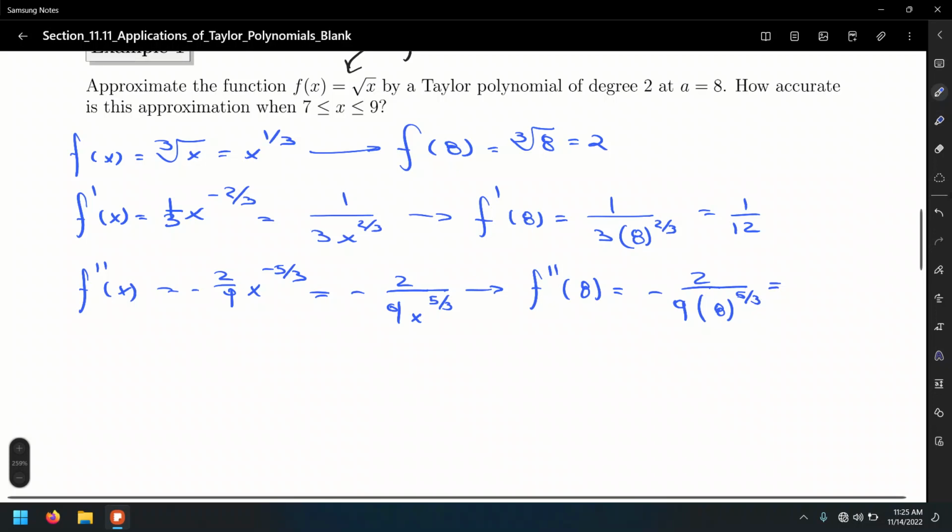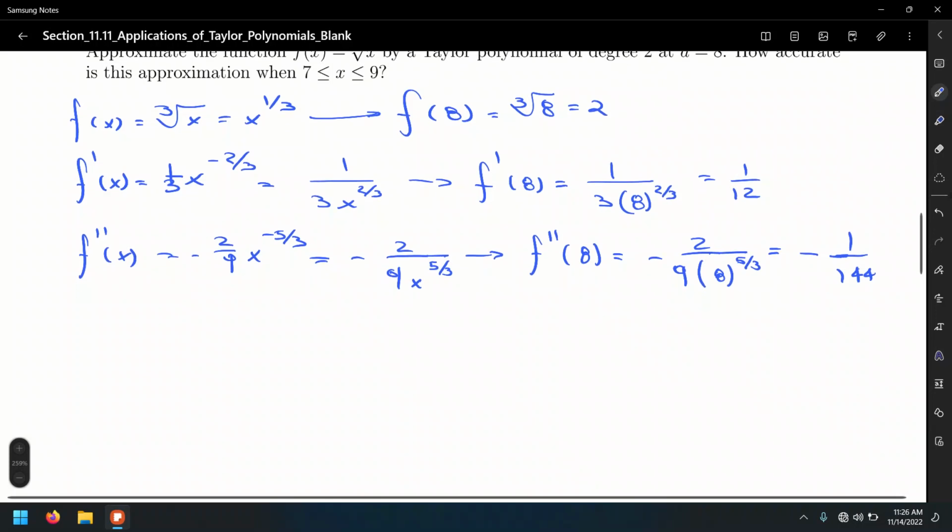That's a cube root. The cube root of 8 is 2. Raise that to the 5th power, that's 32. 32 times 9, that's a big number. Whatever, 2 over the big number reduces to 1 over 144. And these are going to be the three coefficients of the second degree Taylor polynomial of the cube root of x centered at a equals 8.